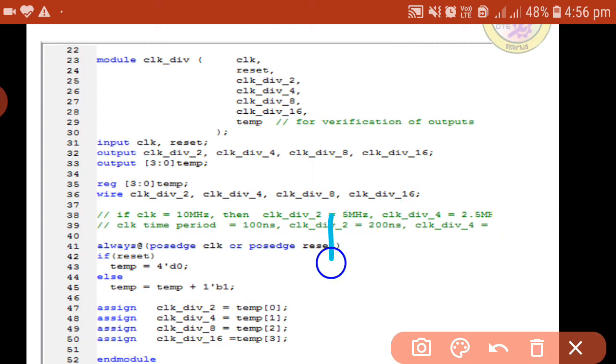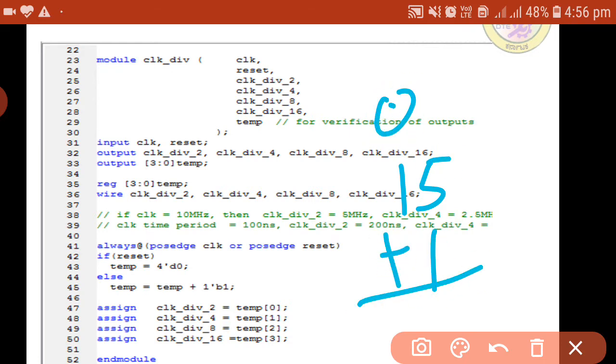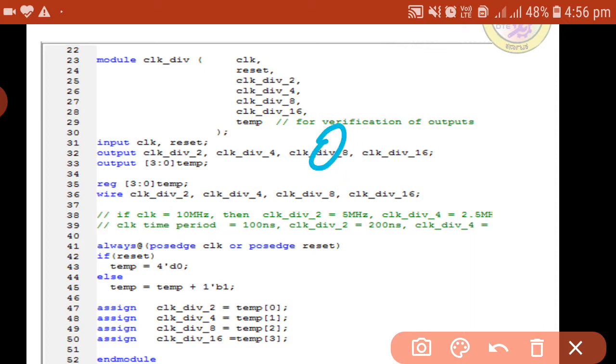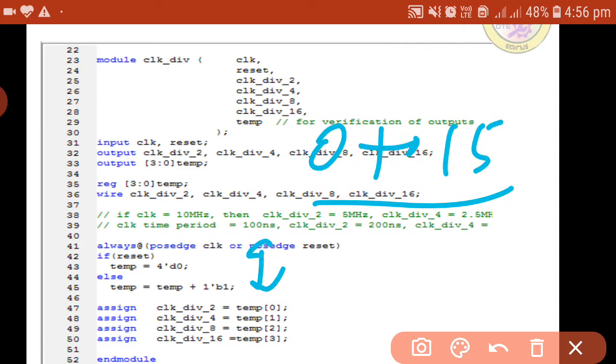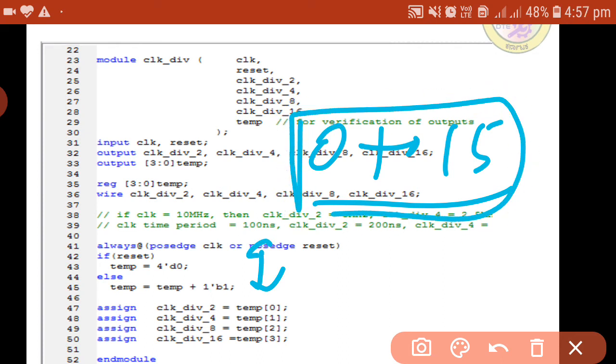In the next clock, 1 plus 1, it will be 2. Like that it will go on increasing. Once it becomes 15, if you add 1 again, it will be 0. So again 0 to 15, 0 to 15, it will go on counting; temp will generate the values from 0 to 15.